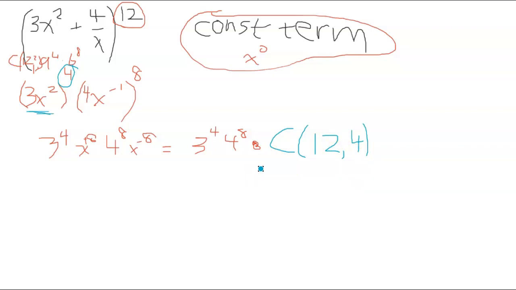Well, punch it into your calculator, unless you notice that it's left in combination format on multiple choice. Combination 12-4 is something you do on your calculator. So is 3 to the 4th, so is 4 to the 8th, so is multiplying everything all the way through. That's it. All you needed to realize was, oh, they want the constant term?